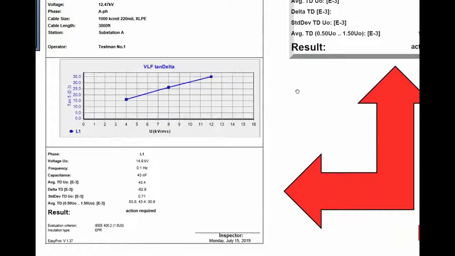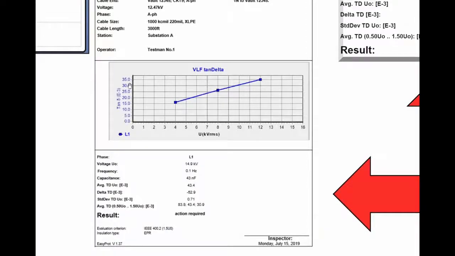If you look here, is this graph, just like we were showing earlier, but now it's in the report of this L1 phase. These are your voltage steps. And if you look at phase 1, L1, voltage was 14.9, frequency was 0.1, capacitance was 43. Here's your average tan delta at 43.4. Delta TD was 52.9. Standard deviation is 0.71.